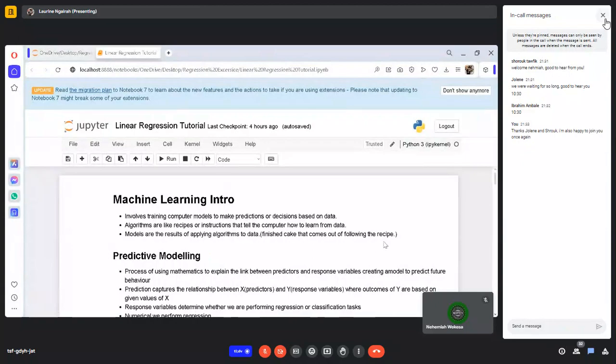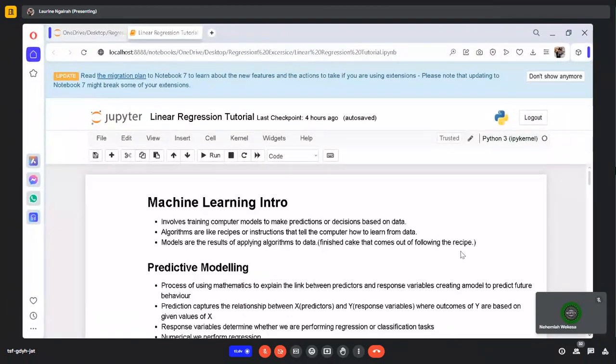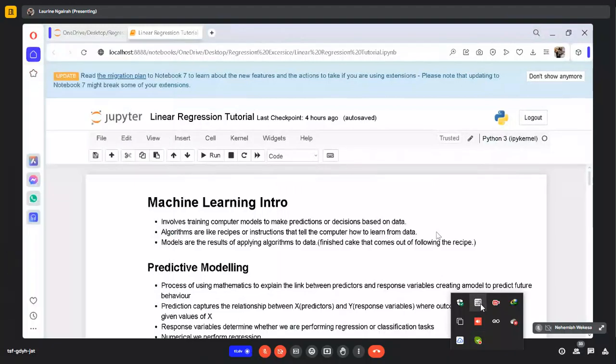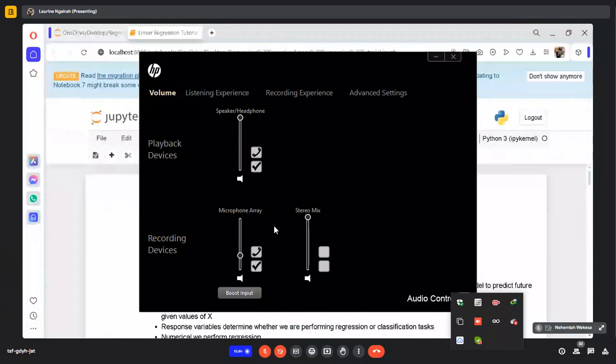Machine learning involves training computer models to make predictions or decisions based on a data set that you have. And you cannot talk about machine learning without algorithms and models. I was really trying to make it as simple as possible.